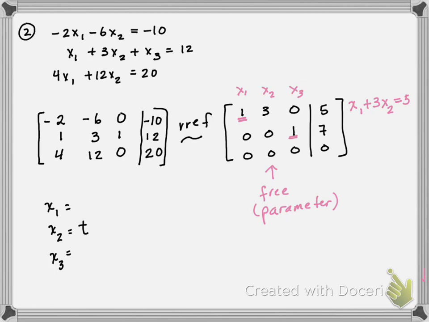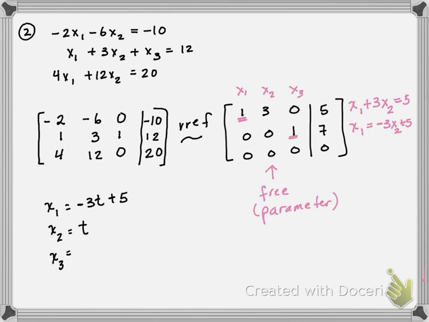If we solve this for x1, we get x1 equals negative 3x2 plus 5. But what do we know about this x2? This x2 is the same as t. So we would write that x1 equals negative 3 times t, whatever you choose for x2, plus 5.